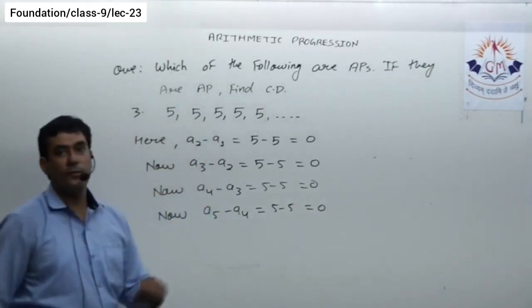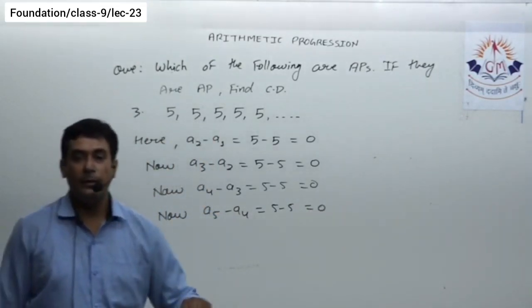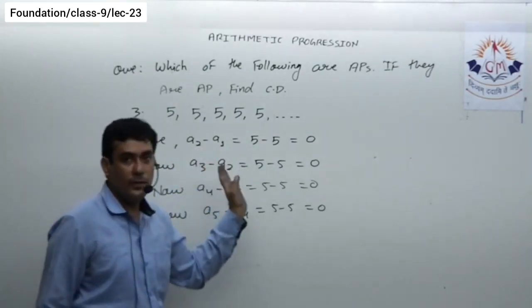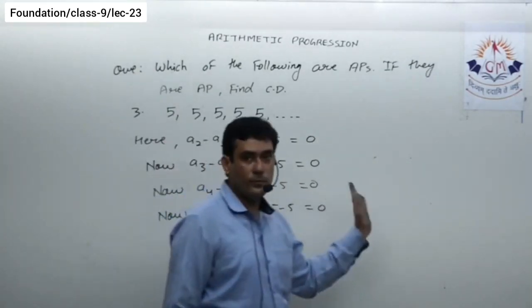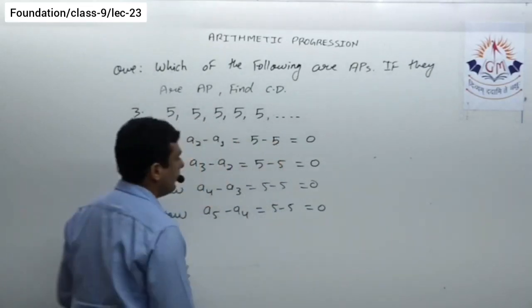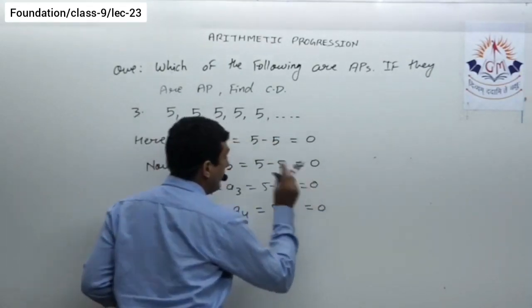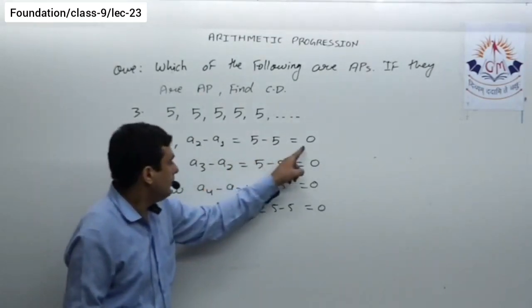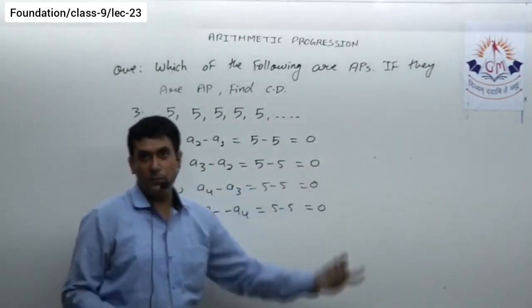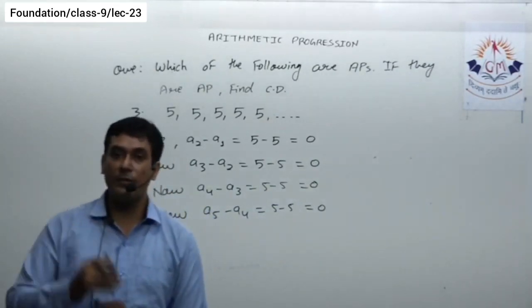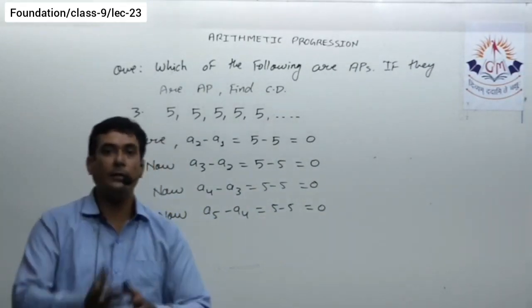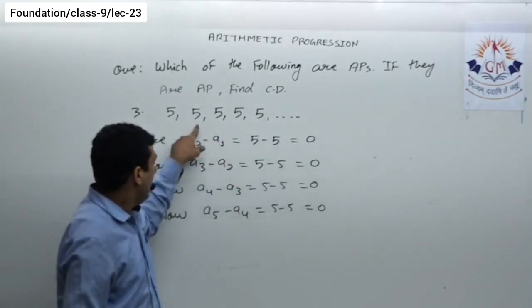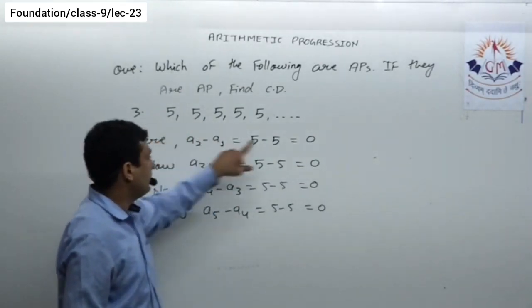So what was the definition of the AP? That if on adding the same quantity we are getting the next terms of the progression, then it is called AP, and that quantity should be constant. There was one more definition of AP, that the difference of any term and the previous term is always constant. So here, any term's difference with the previous term is constant.